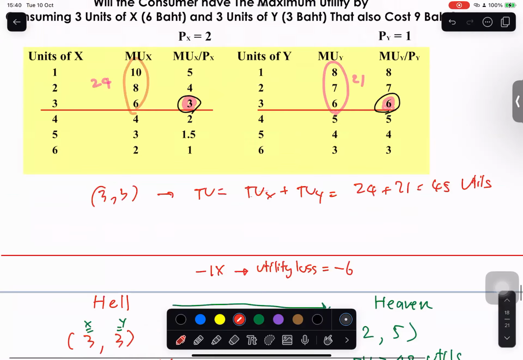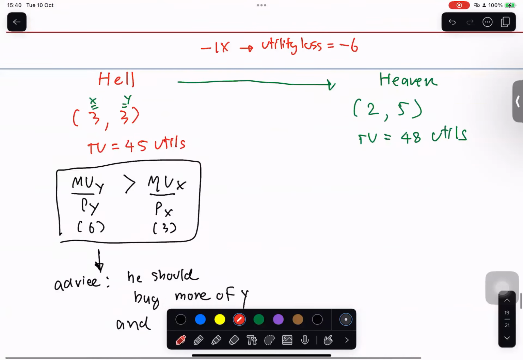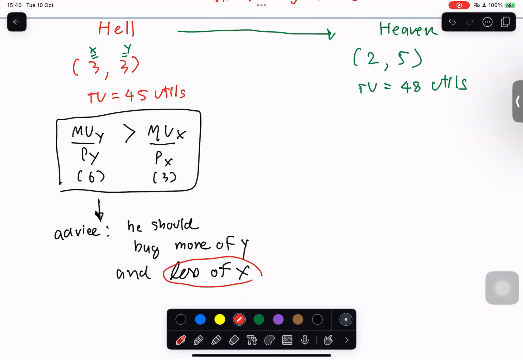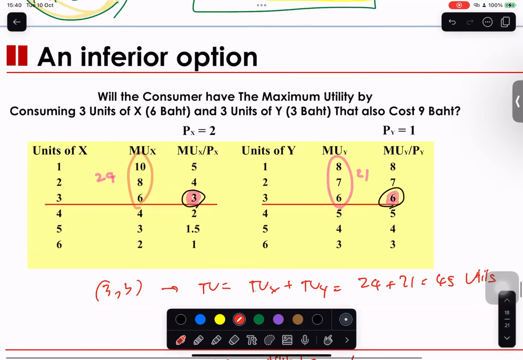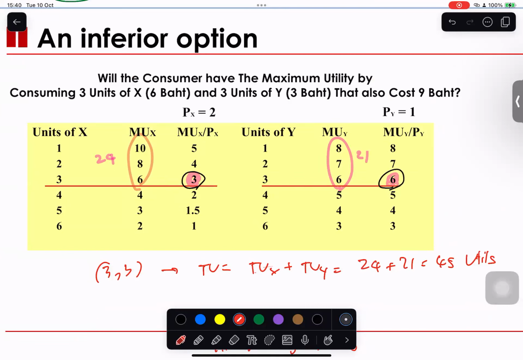And the recommendation, okay, you already do this: buy less of good X. He returned good X to the seller. He gets 2 baht back, since good X is 2 baht. Seller gives him money back, 2 baht. Spend more on good Y. 2 baht in his pocket can buy how many Y? 2Y.